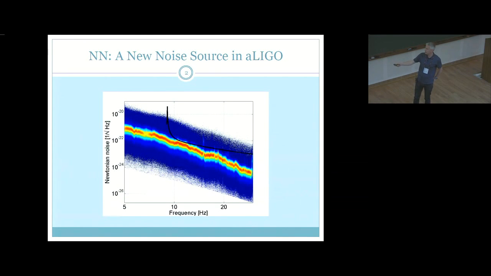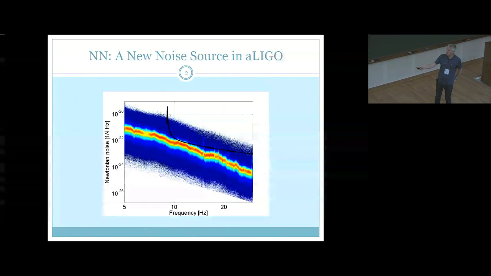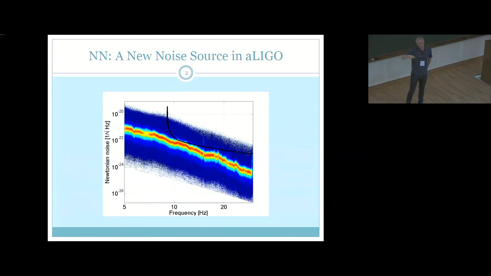Nonetheless, we may be able to see it in Advanced LIGO in the future and may be able to test some of our models. More importantly, though, this is a noise source relevant for future detectors when we try to improve low-frequency sensitivity even further. We have already seen some ideas like the Einstein Telescope or the Cosmic Explorer. They try to get better low-frequency sensitivities.